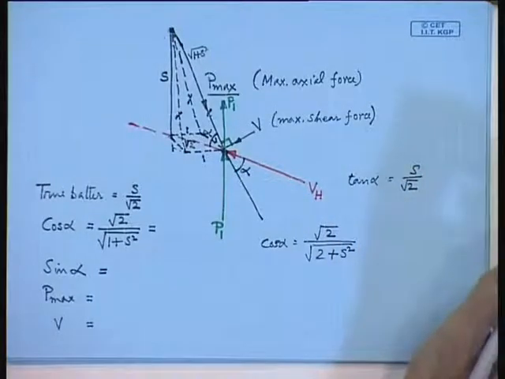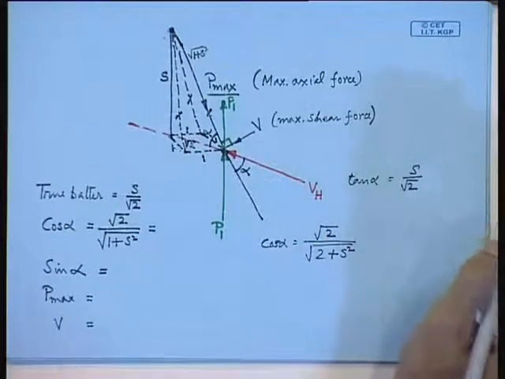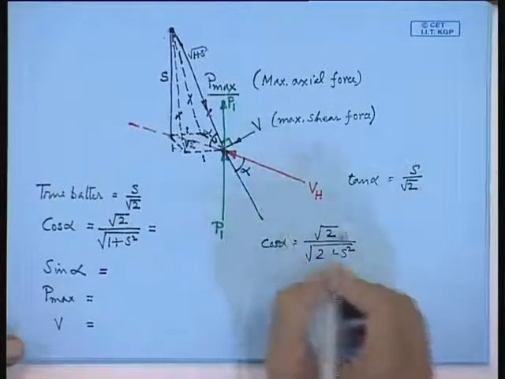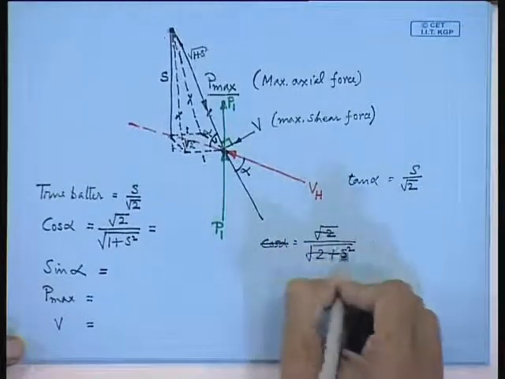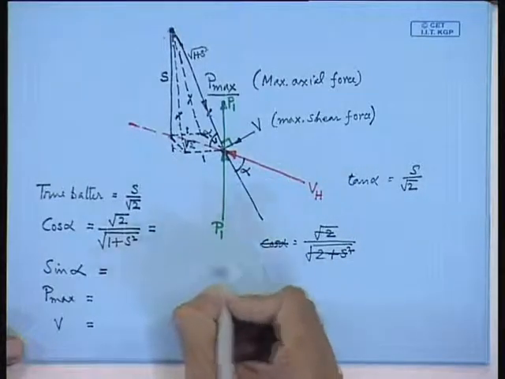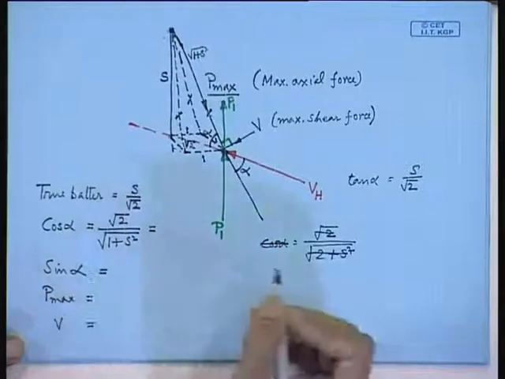So from here what are we finding out? The better angle. Anyway, you try to find out this, but then what is this P max? Or all these things you have to find out.